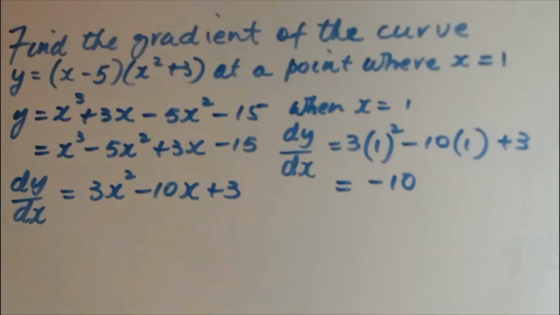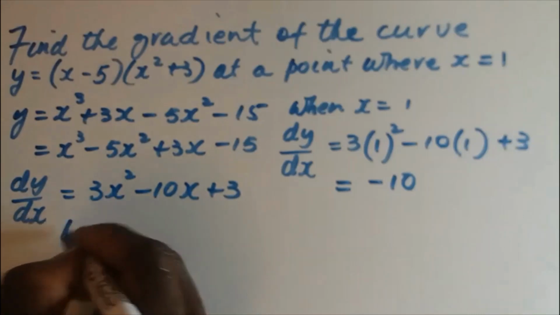So we have a result that the gradient of this curve at the point x equal to 1 is negative 10. Let's go ahead and summarize this.